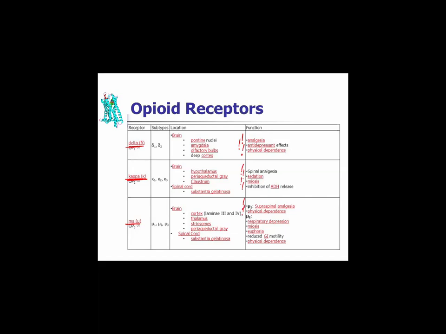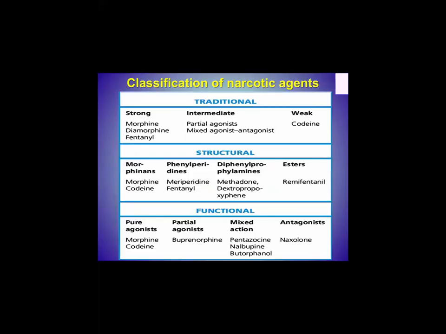They may cause physical dependence. Mu2 receptors cause respiratory depression, also miosis, euphoria, and euphoria is the main reason for psychological dependence, addiction to opioids. Also reduced gastrointestinal motility and physical dependence.